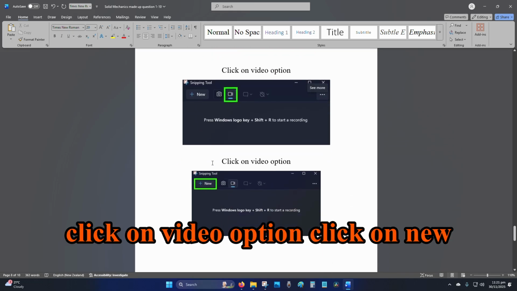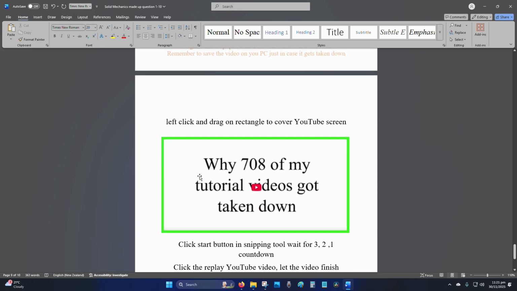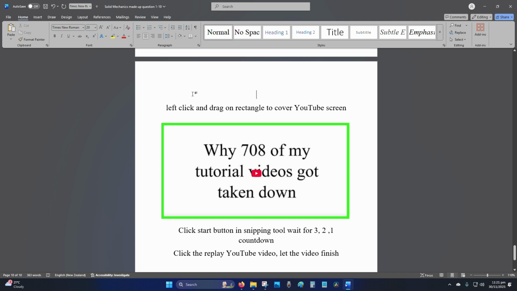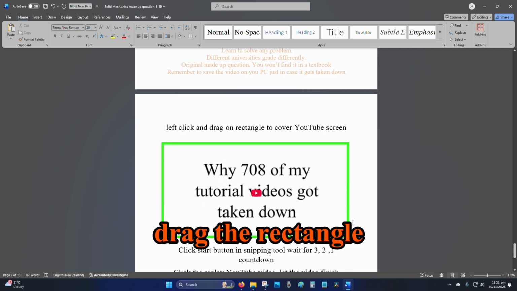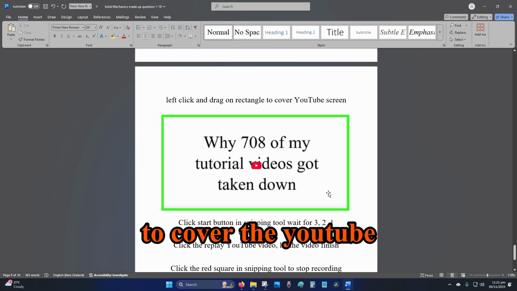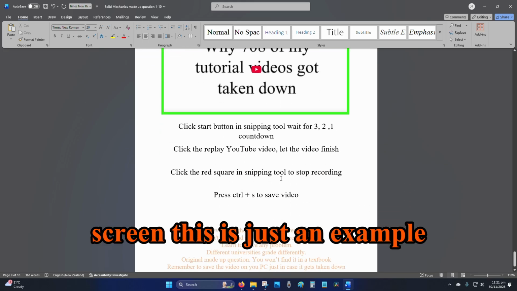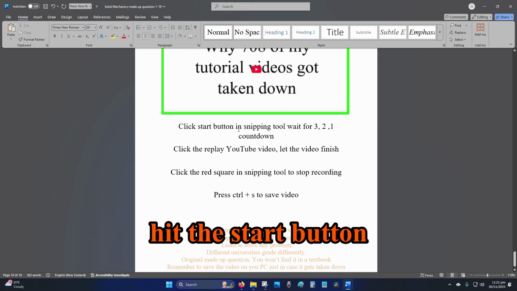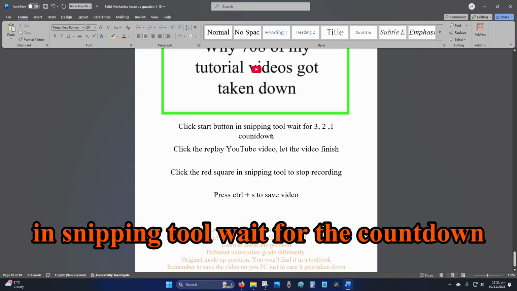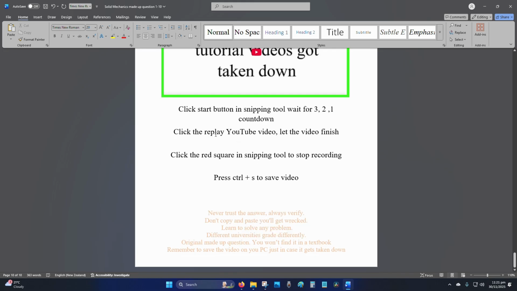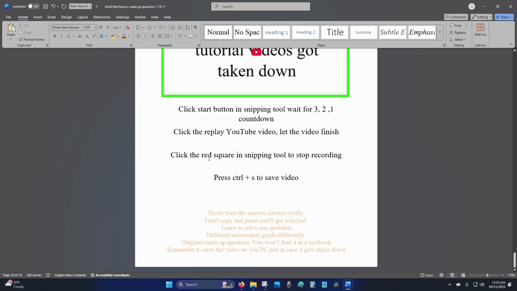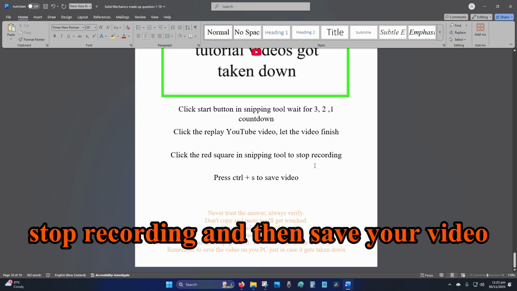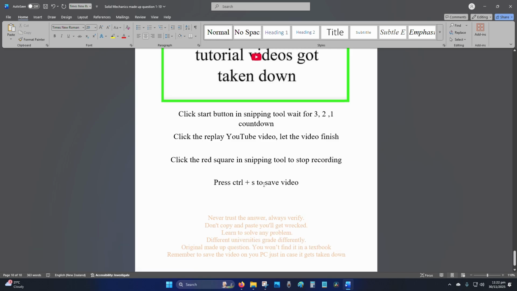Click on video option, click on new. Click on left click and then drag the rectangle to cover the YouTube screen. This is just an example. Hit the start button in snipping tool, wait for the countdown. Click the replay button on YouTube, let the video finish. Hit the red square in snipping tool to stop recording and then save your video.